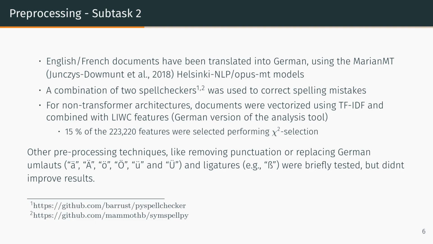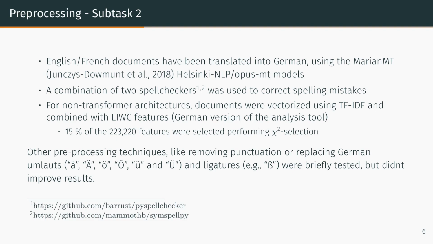And for the non-transformer architectures, the documents were also vectorized using TF-IDF. We also used the LIWC features, and we obtained them through the German version of the analysis tool.